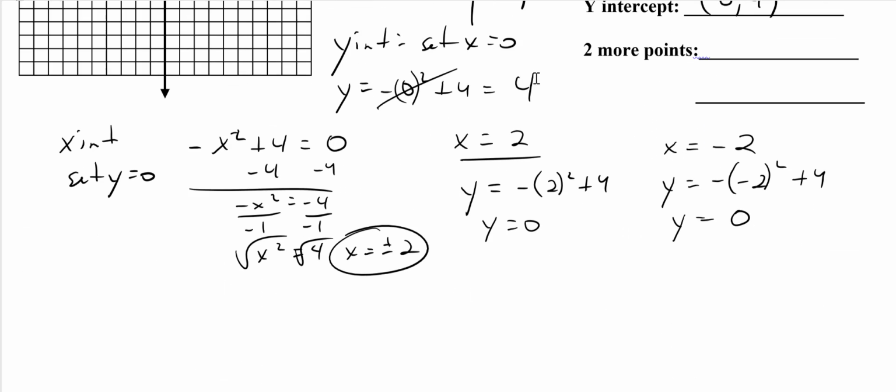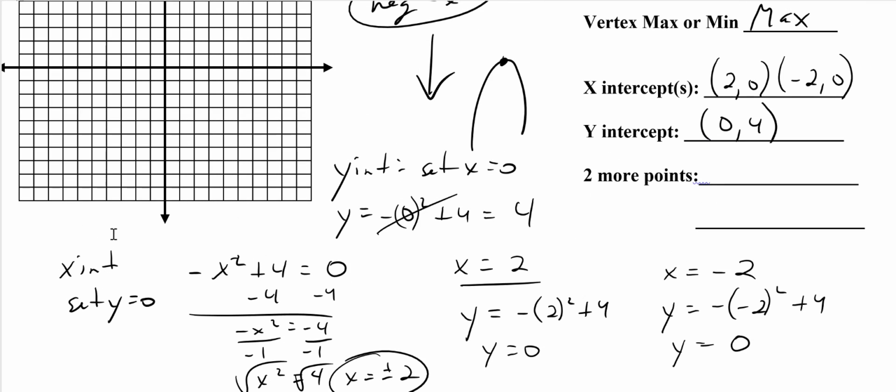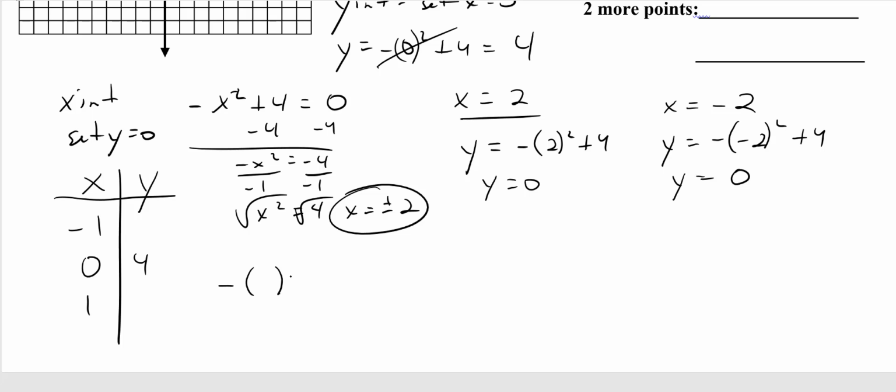I'm going to make a T-chart over here. So my T-chart is going to be, the vertex is (0, 4), so I'm going to pick -1 and 1, because I haven't used those yet, right? So again, putting it into the equation, wherever you see an x, you put a parenthesis.